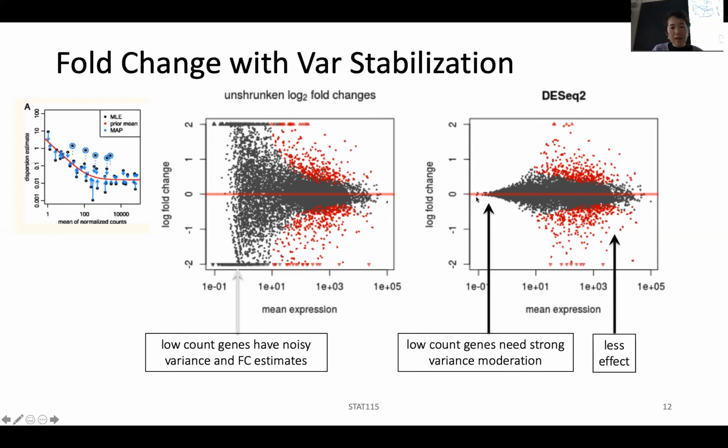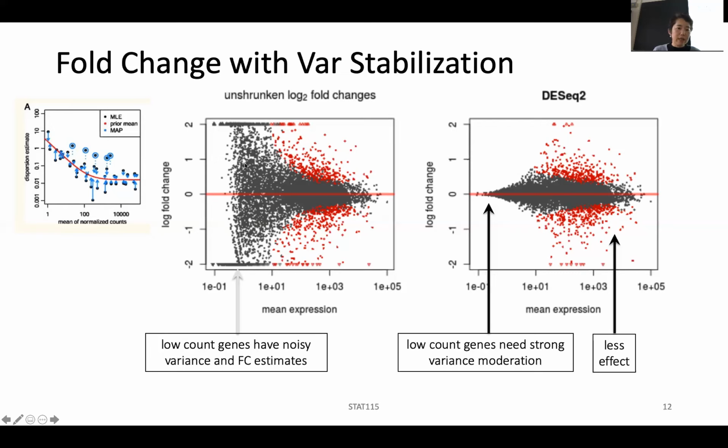You can see here that for the low count genes, you shrink or stabilize their variance, and then these genes are not called as differentially expressed in terms of fold change, whereas the higher expressed genes look quite similar to before. This means you will be able to really know which genes are truly different and which genes are noise.